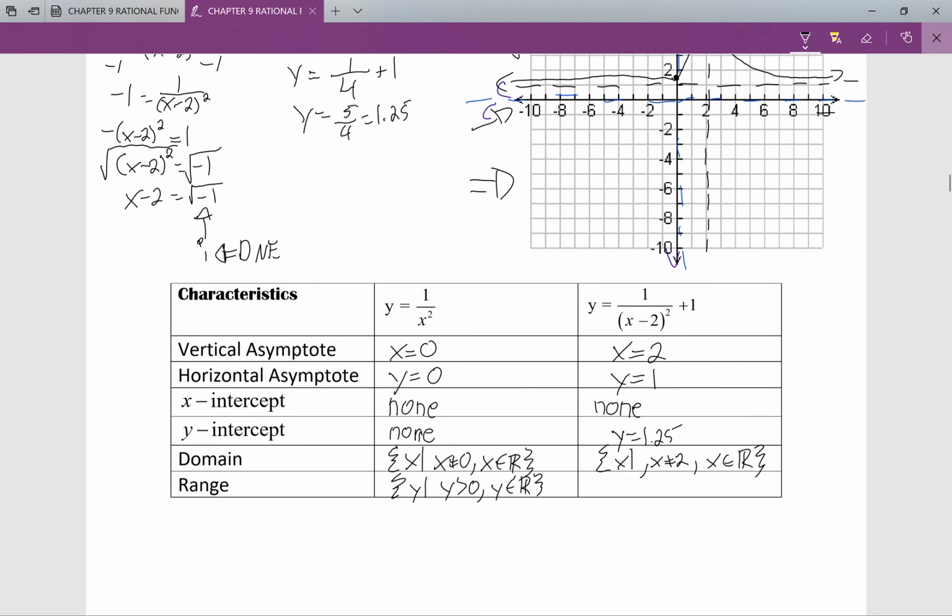Thus, it's going to be y, where y is greater than 1, and y is in the set of real numbers. And for you guys that are a bit keen, you'll notice that I drew an extra comma in there, which I'm just going to delete. But with that, we have compared these two graphs.